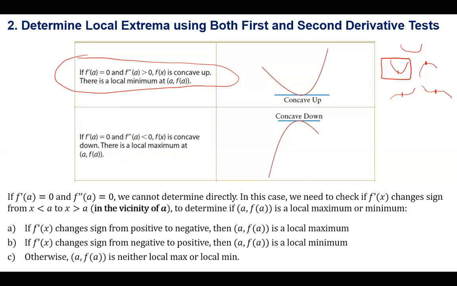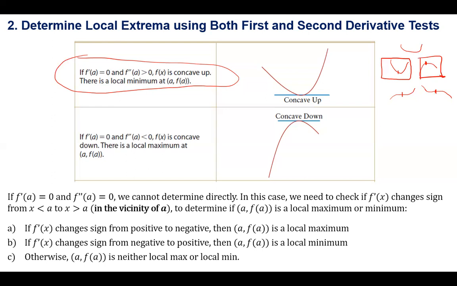And similarly, if the first derivative is 0, and we found that the second derivative is less than 0, then that corresponds to the graph here, right? In that case, that critical point is a local maximum. Understand?